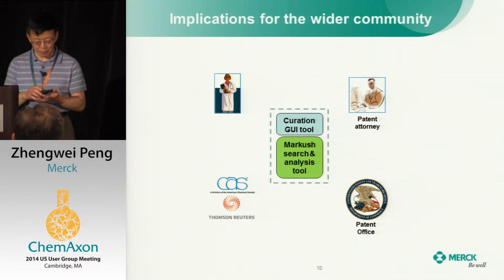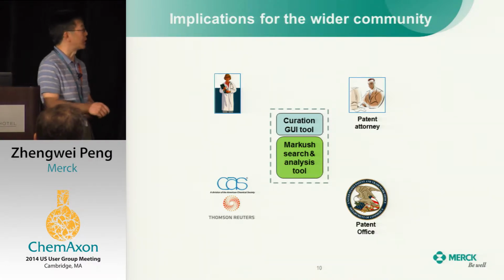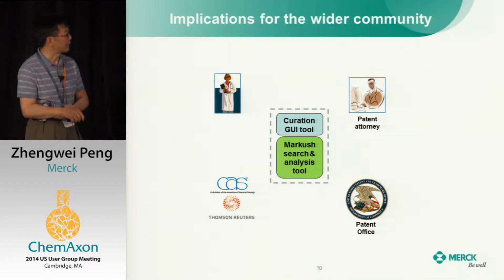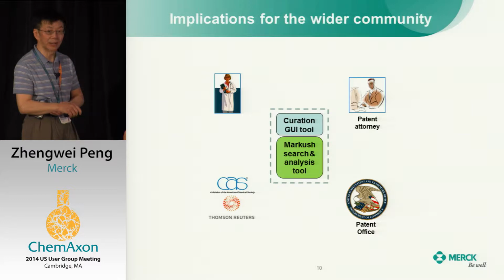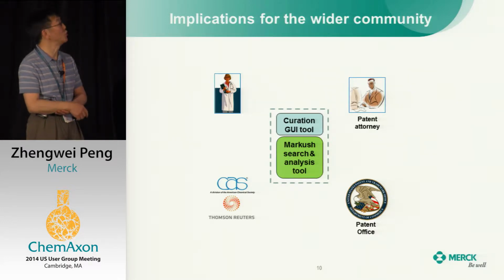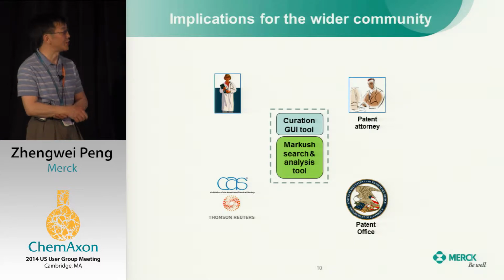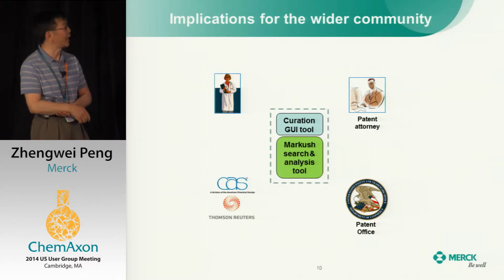So for the larger community, essentially we're talking about scientists, the patent attorney, the patent office, and also the content provider. If we do have this wonderful curation tool plus Markush search engine, which imagine one day is available to everyone, what would happen?